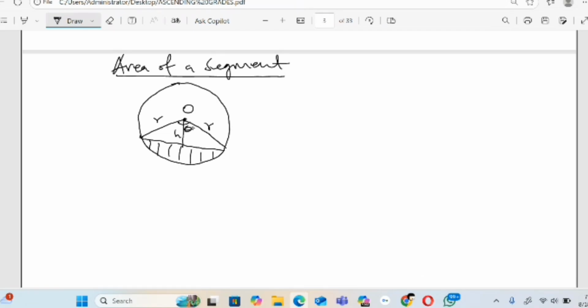So this is A, B. Now, the shaded part is what we call the segment.